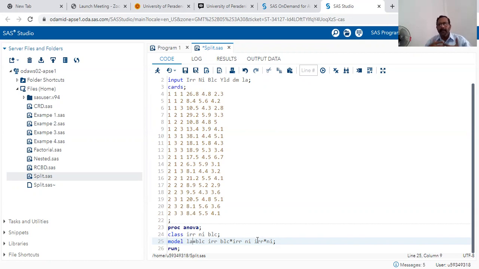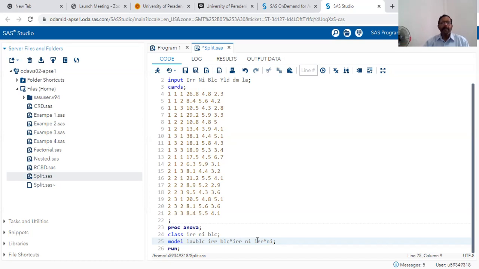But in one shot, you can get it if you type yield, dry matter, leaf area. So it will take one ANOVA at a time, relating yield with the other components, leaf area with the other components, and the dry matter with the other components. So that is also possible. You don't need to enter the data at different times.